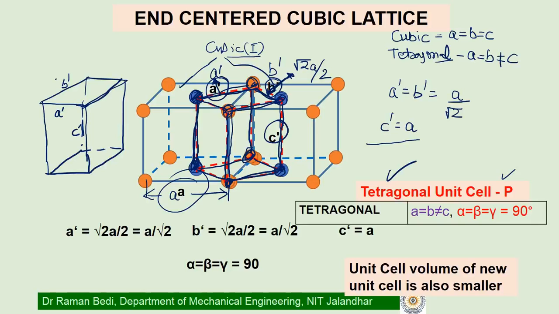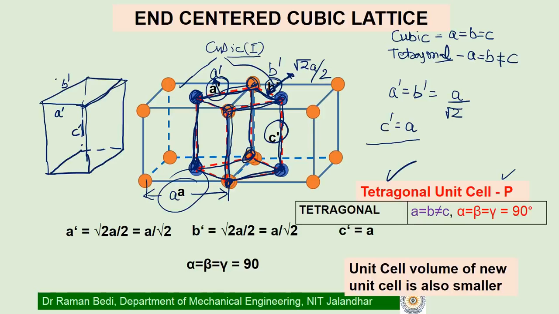And this tetragonal P unit cell also has a smaller unit cell volume. So the basic understanding now is that because cubic I can be represented by a tetragonal P unit cell, that is why cubic I is absent in your 14 Bravais lattices.